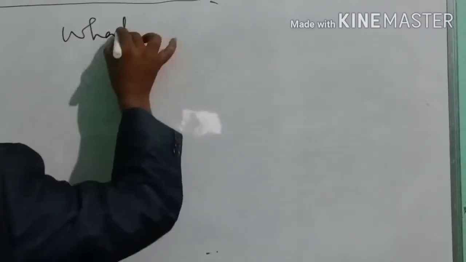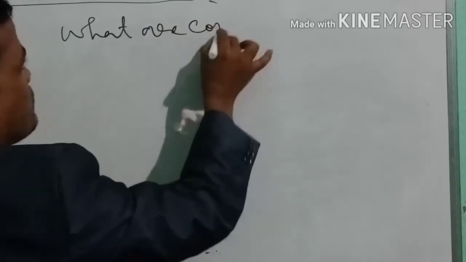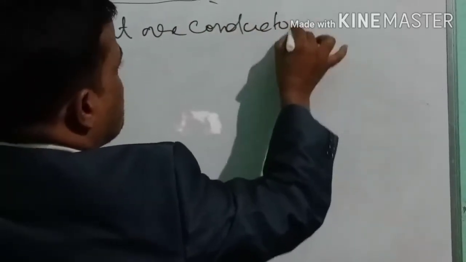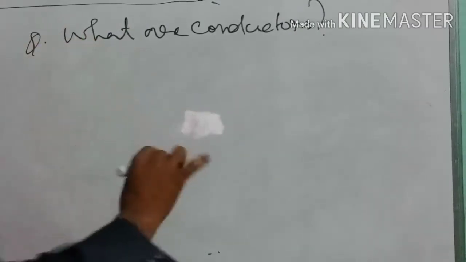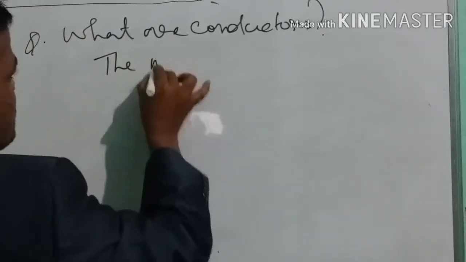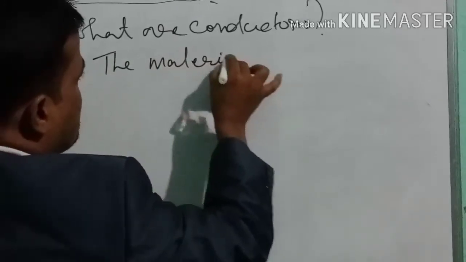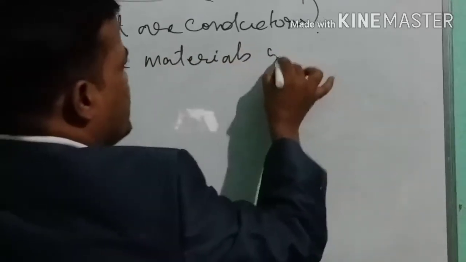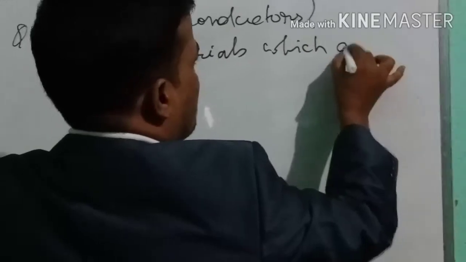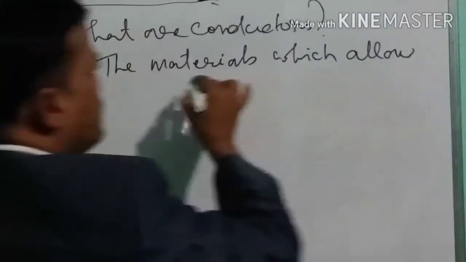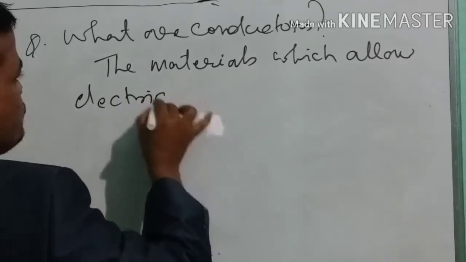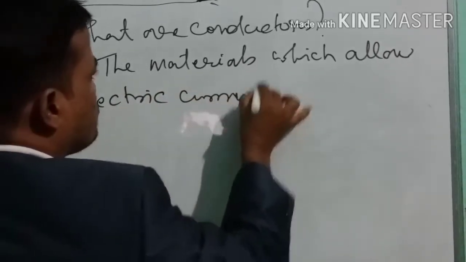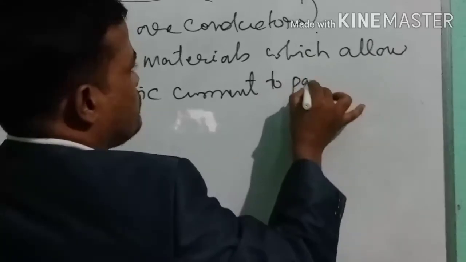Let us see what are conductors. Question: what are conductors? Conductors are the materials which allow electric current to pass through them.